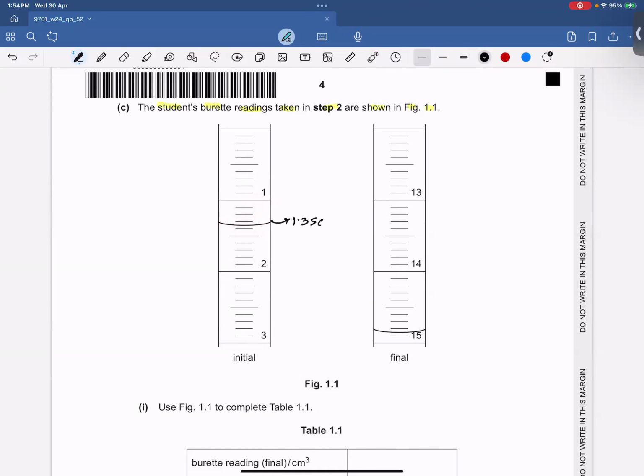By the way, let me tell you one thing. This is the curved surface of the liquid, and this is called the lower meniscus. So for colorless solution, the lower meniscus is used to read the value.